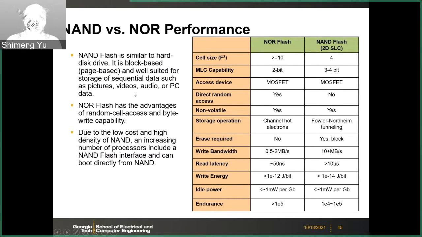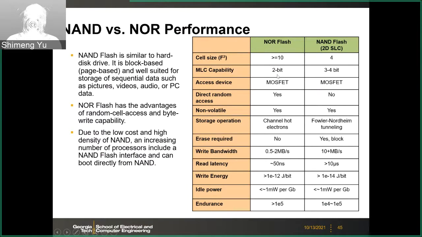And the NOR flash is good for code storage, where you can have random access and also read out fast. If you compare the metrics, the NOR flash is roughly 10F² in cell size, and for the NAND flash, here we talk about the two-dimensional NAND flash with a single level cell. This is a basic NAND flash. If you do that, you have 4F² as we discussed earlier.